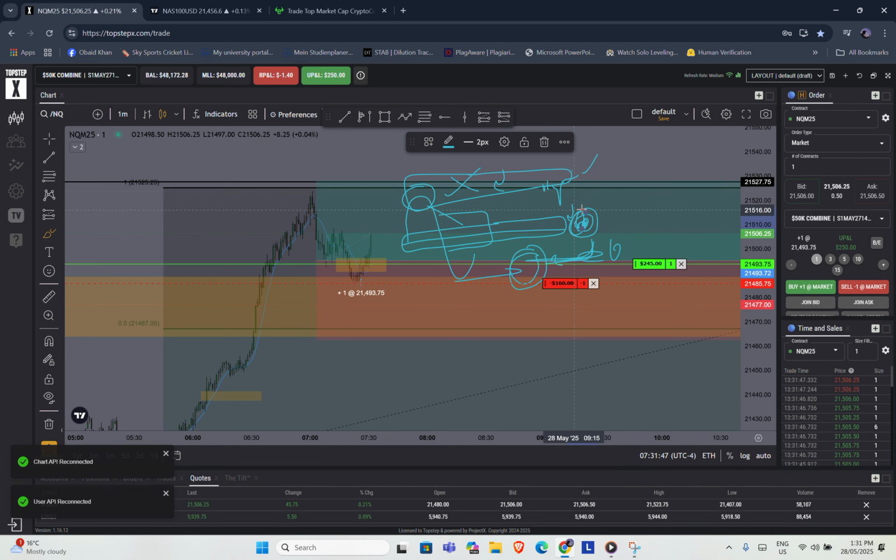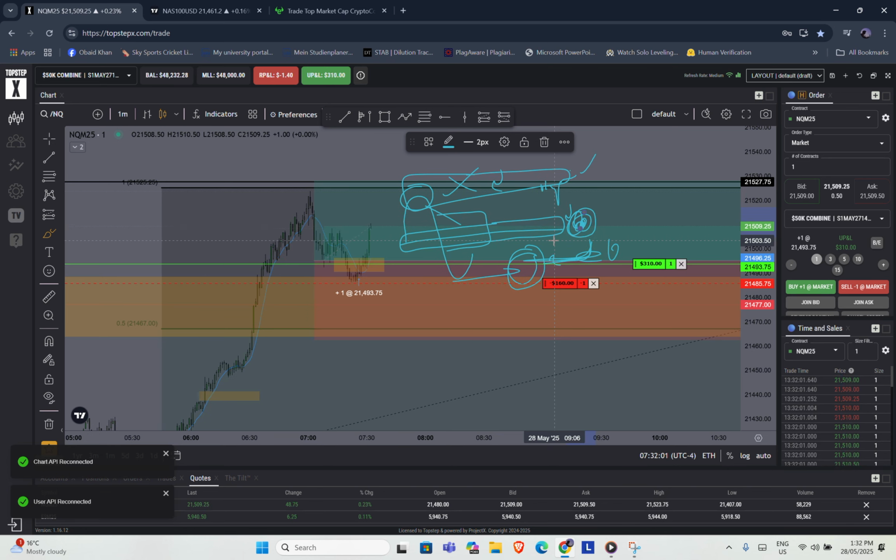So yeah, this is the trade that we took right now. You can see it's in the profit. I just executed it right in front of you guys. There is no paper trading or whatever that is.